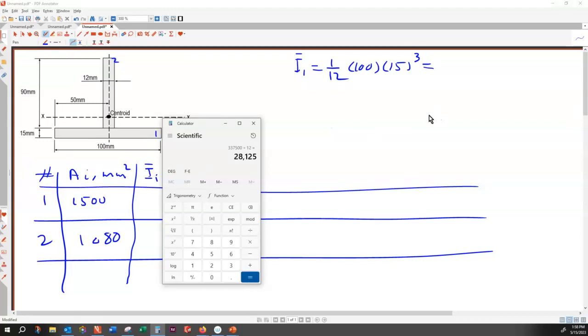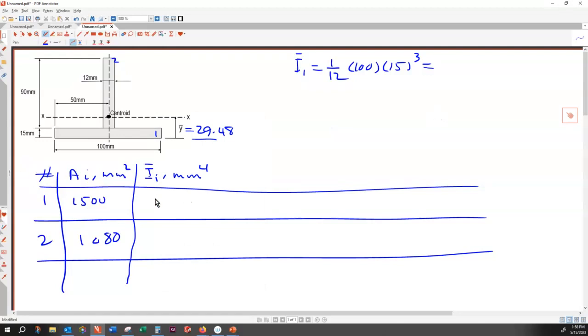And the I value according to the table for the second shape, that is 1/12, B is 12 and H is 90.